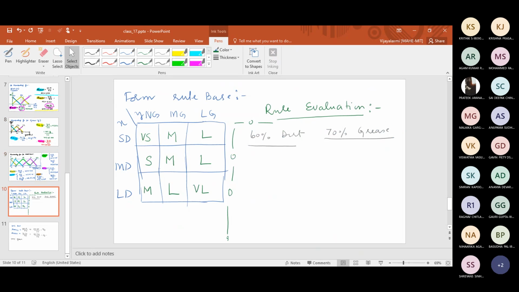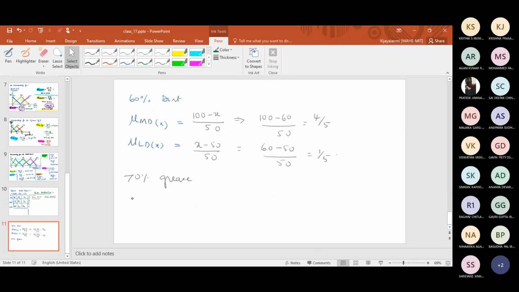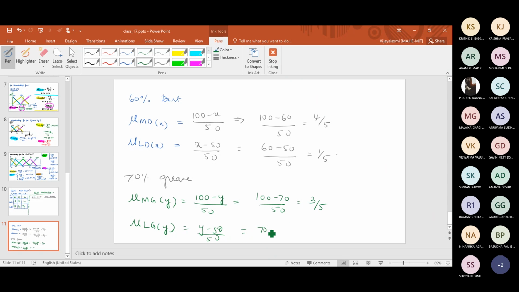I'll write both of these expressions. So for 70% grease, mu mg of y is 100 minus y by 50, and mu lg of y is y minus 50 by 50. Here I'll substitute 100 minus 70 by 50, which is equal to 3 by 5. And 70 minus 50 by 50 is 2 by 5.